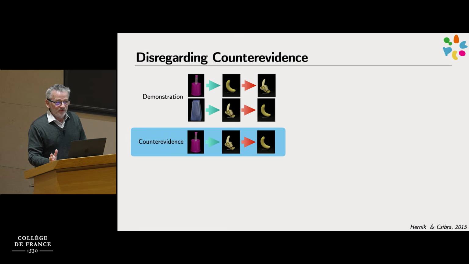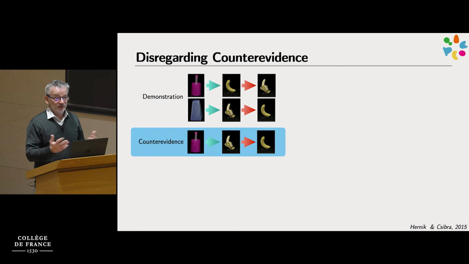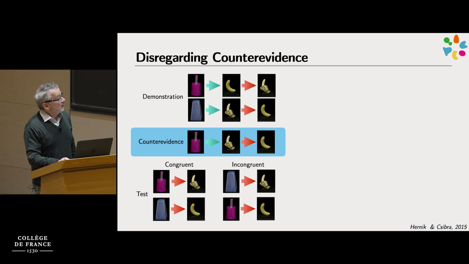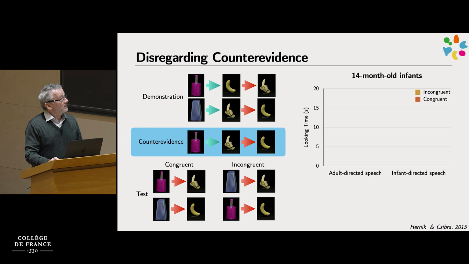Probably both of these objects are actually just banana changers or something like that. So they can both heal and peel. So the original mapping was just a coincidence, that we only showed them in certain kinds of functions, but not in the other functions. And then we test whether they still maintain the initial mapping between the functions and the objects.